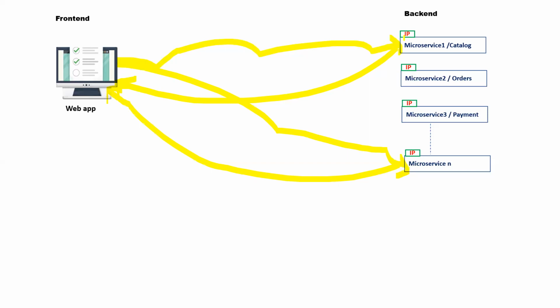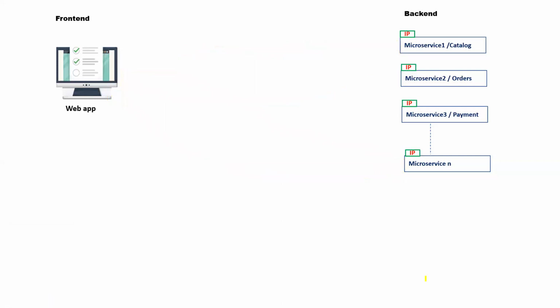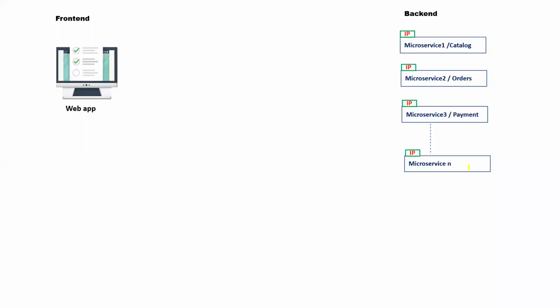So indirectly, they will be exposed to hackers. When I expose microservices with public IP and port number, directly or indirectly, they are exposed to hackers. This is a serious security concern, because exposing a public IP address to the internet is very dangerous.